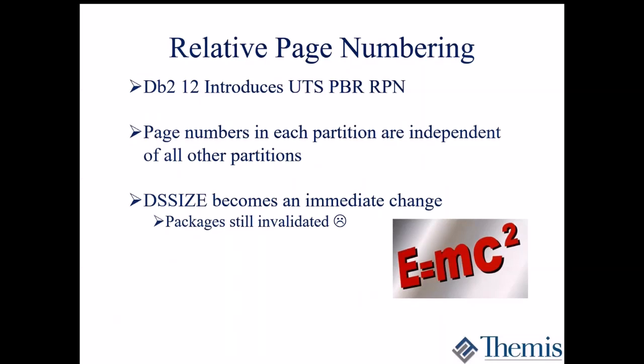All right, in version 12, I already talked about this a little bit. We have this new kind of tablespace called UTS PBR RPN, relative page numbering. Essentially what it means is that the page numbers in each partition start over at 0 again. Prior to this, if you have a range partition tablespace, the page numbers are unique throughout the tablespace.